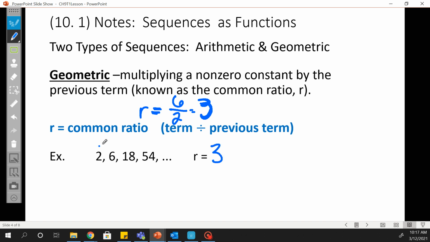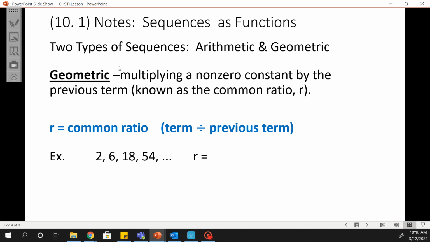And you can clearly see that 2 times 3 is 6, 6 times 3 is 18, 18 times 3 is 54, etc. A geometric sequence is closely related to an exponential function, because exponential functions grow very quickly and they have a common factor, but with geometric sequences, they have a common ratio. Very similar, closely related.